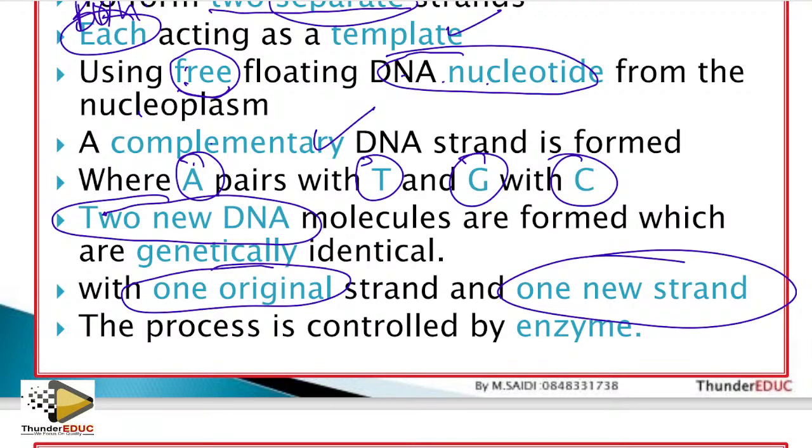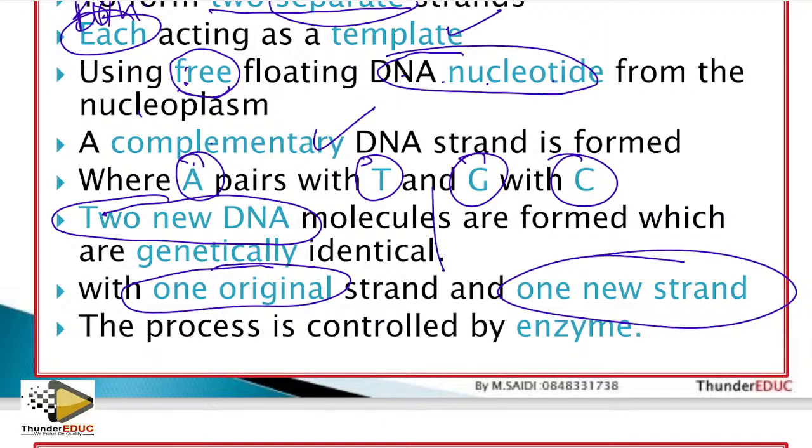When you continue with your studies, you will know the polymerases, the helicases, the ligases, the primases. We don't talk about those enzymes. If you're using a book that has those enzymes, please don't waste your time. No one is going to ask you about them, and if you write them, you won't get a mark. What we are looking for, this process is controlled by enzymes, is enough. You must not waste your time.